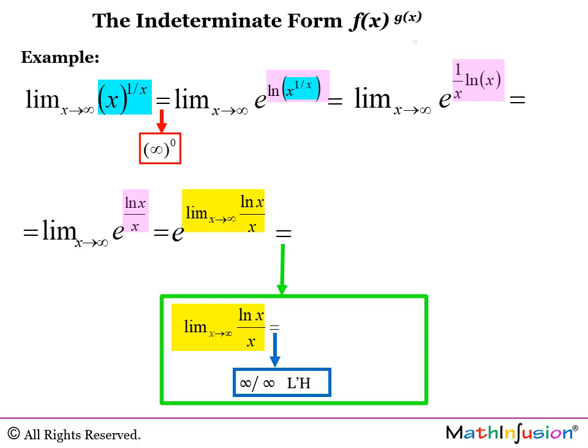And when I use L'Hôpital's rule, I get that this is exactly the limit of 1 over x over 1 when x approaches infinity, and I get 0. It means that the limit of x to the power of 1 over x when x approaches infinity is e to the power of 0, and e to the power of 0 is 1.